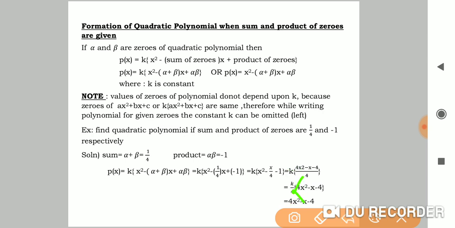We are left within the bracket with 4x square minus x minus 4. As we have said before, the constant k can be omitted while writing the polynomial. Thank you.